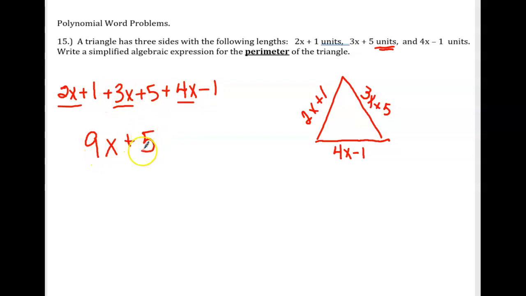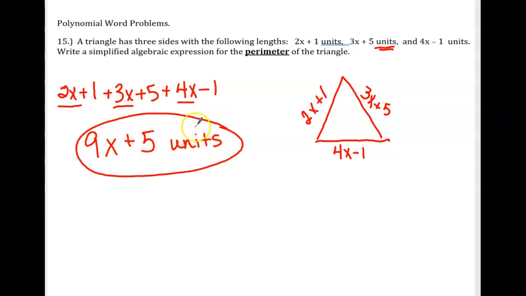So 9x plus 5, and it would just be units. So that would be our answer. Okay, always put your units in the final answer. Perimeter, it's just units, but if it's area, it would be units squared. Okay, so we'll do a couple with area as well.